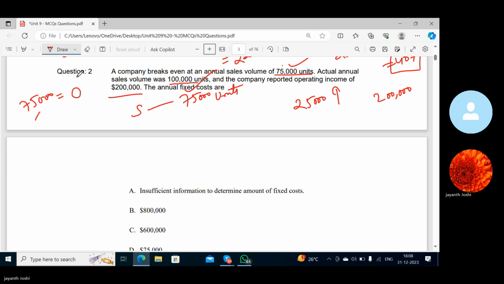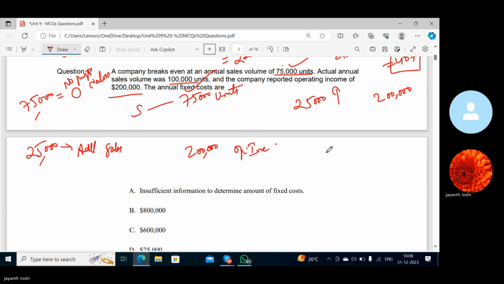No profit, no loss. But selling 1 lakh units, you are getting this much operating income. That means for additional sales of 25,000 units, you made an additional income of 2 lakhs.